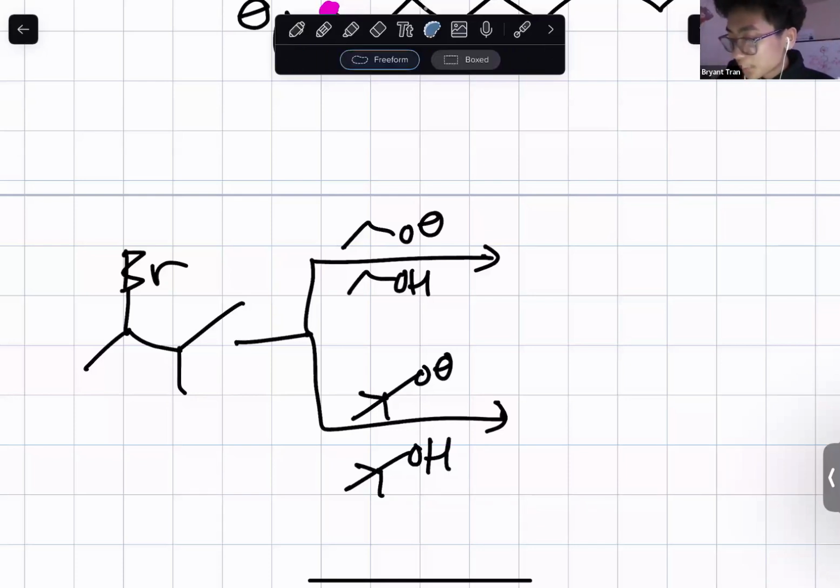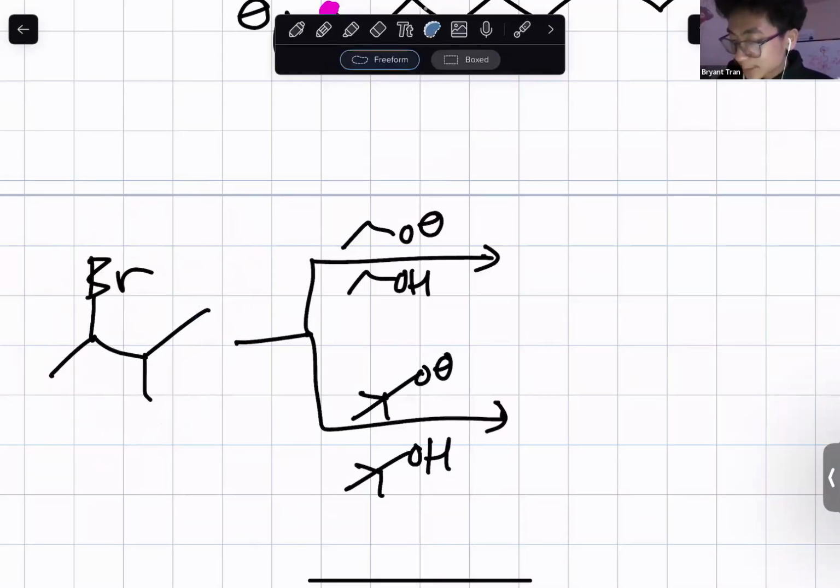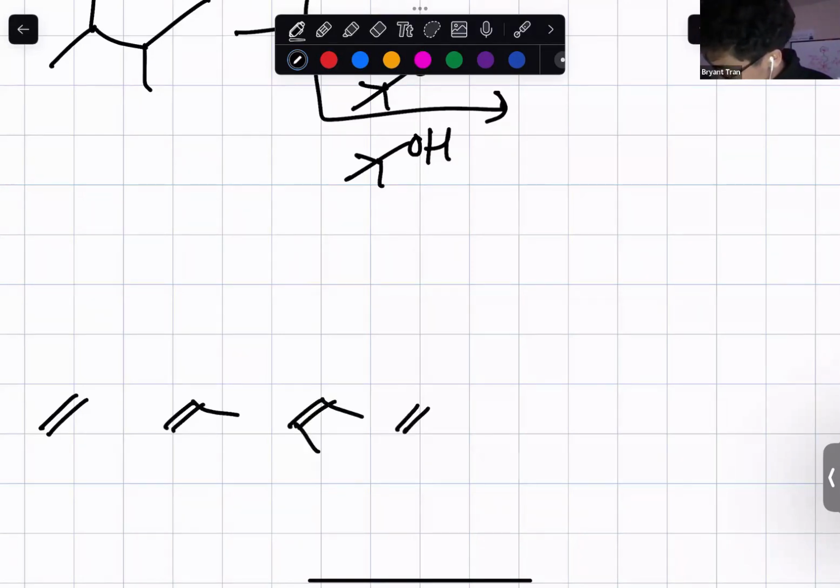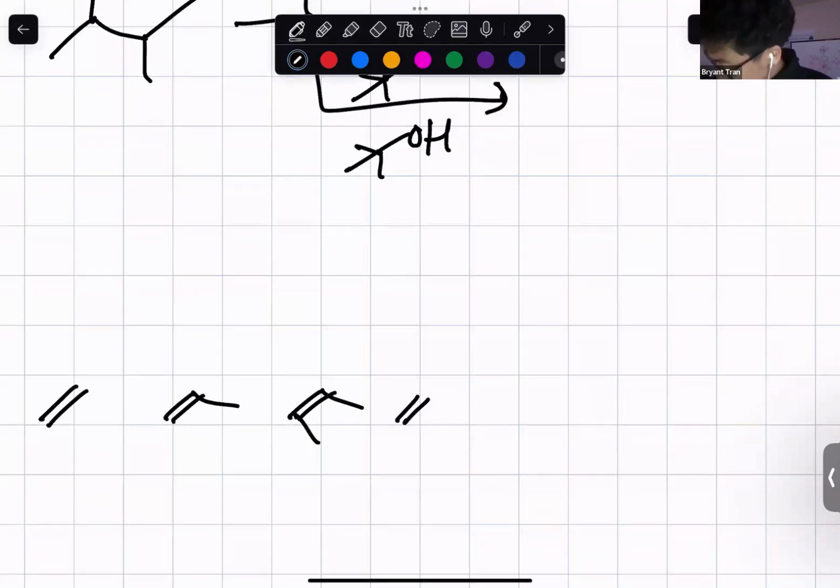do you know what makes an alkene more stable, Kelly? Like, what is that factor that makes alkenes more stable? If I give you these alkenes right here, what would the order of stability be?